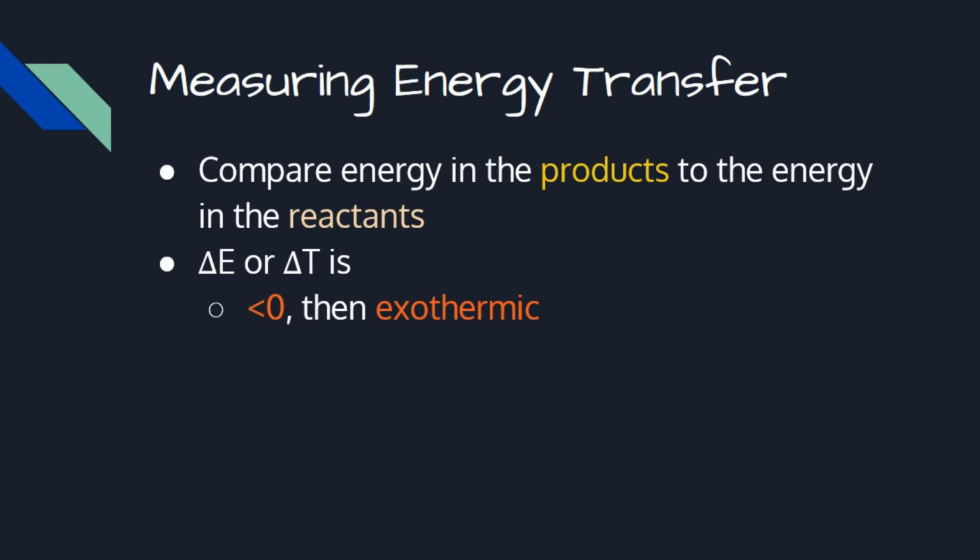If products minus reactants is less than 0, that means my products have less energy than my reactants. Well, what happened to that energy? It was released into the environment. It was exothermic. If my delta E is greater than 0, meaning my products have more energy than what they started with, that's going to be endothermic, because during the process, energy was absorbed into my system.